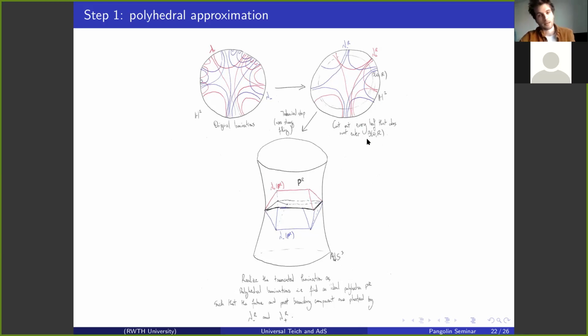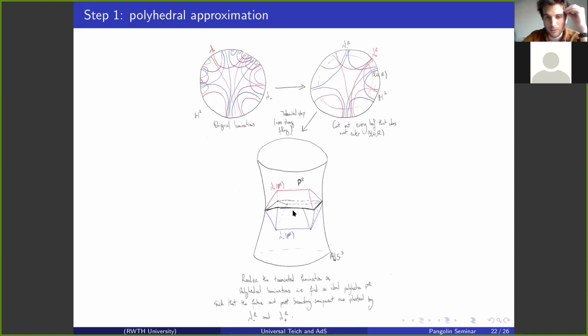Okay, and then I want to argue that this new truncated lamination, I can realize as a polyhedral lamination, meaning I can find an ideal polyhedron. Ideal means that the vertices should be on the boundary of AdS3, and this polyhedron should have what is called a Hamiltonian path on the vertices, which is a path that goes exactly once through all the vertices.